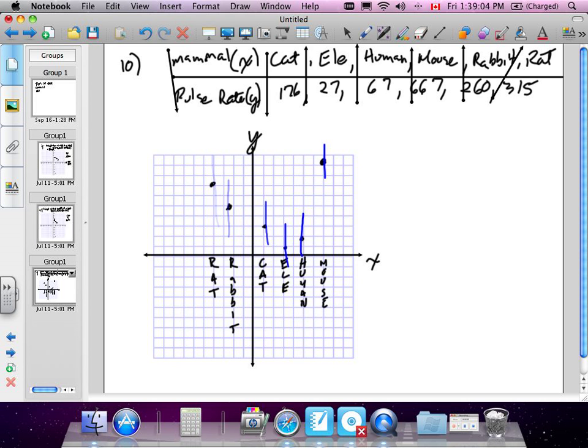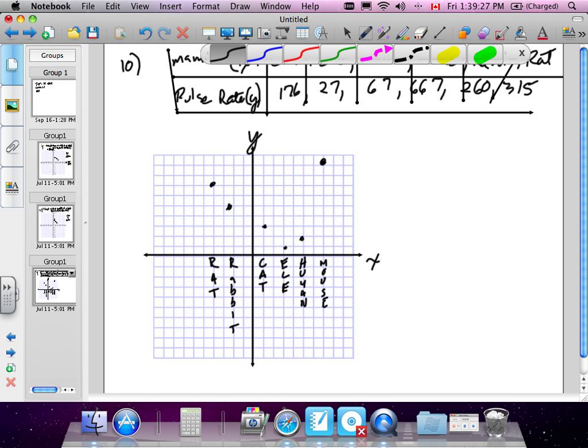Now, they haven't really told us much about this study. Maybe this is only the resting heart rate for one cat, one elephant, one human, one mouse. Okay? Let's say that that is the case. If they decided to take resting heart rates of different animals, then we're going to end up with several pulse rates for an animal. So let's say they decide to do it for 2 animals.